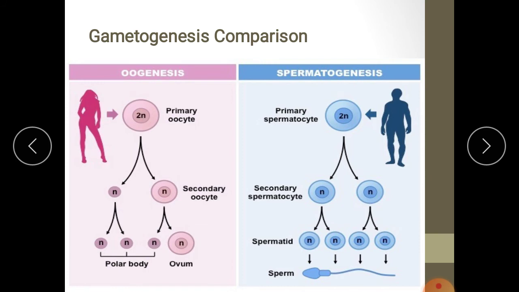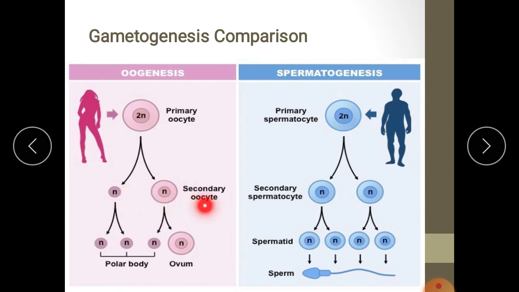So this schematic diagram tells you how oogenesis takes place. Primary oocyte, then unequal division occurs. The primary oocyte undergoes first meiotic division to produce two unequal sized cells. One is larger, another is smaller.